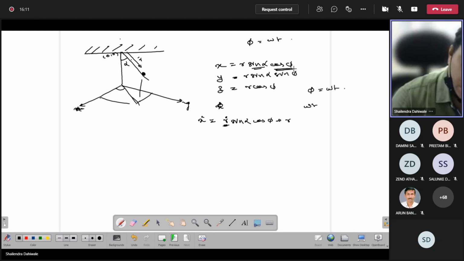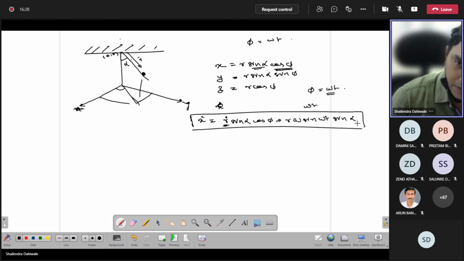Derivative of cos phi with respect to time, and phi is my time dependent, so I can get omega sine omega t and then sine alpha. So this was what we derived yesterday. Similarly you can find out for y dot and z dot.